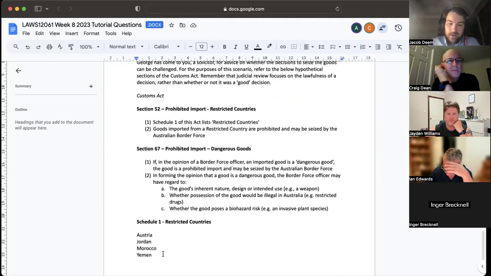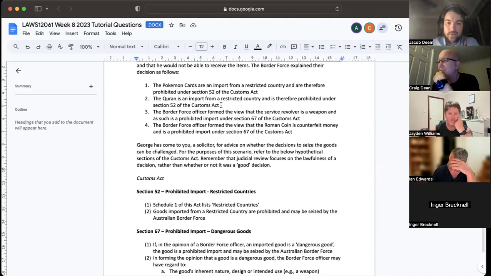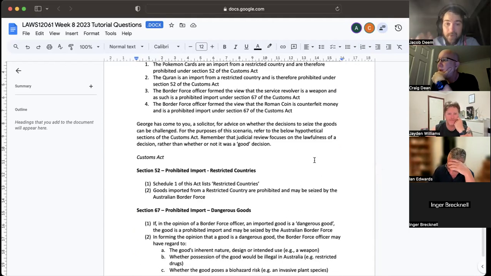What I forgot to give you guys was Schedule 1, which lists restricted countries. So in terms of items 1 and 2, that made that very difficult. So we'll talk through those first. But basically, George is coming to us for advice about, okay, well, what are we going to do about this? Let's skip our discussion of judicial review availability and assume that it is.